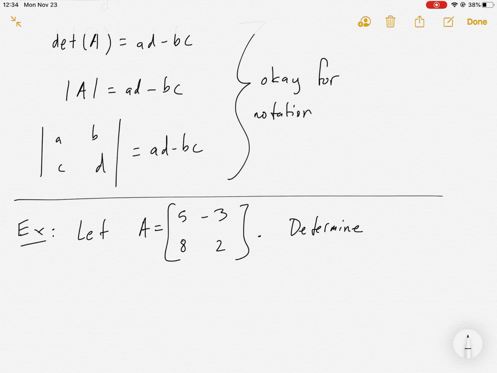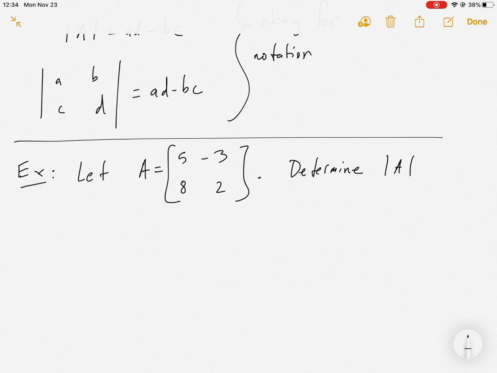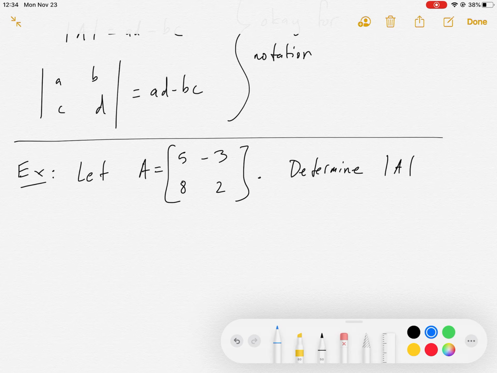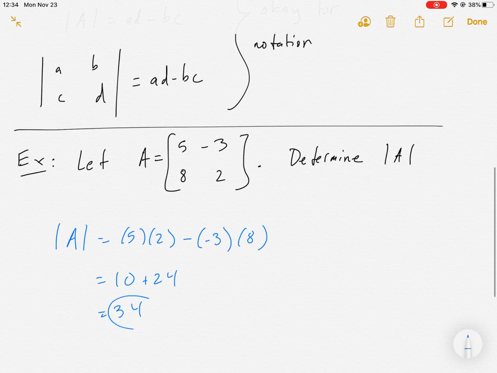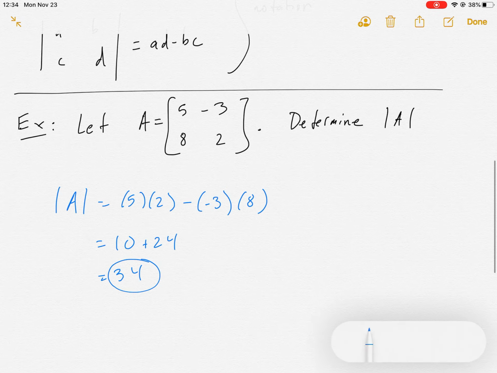Determine the determinant of A. Well, the determinant of A would just be 5 times 2 minus -3 times 8. So we would have 10 plus 24, which would end up giving us 34. And that would just be the answer. So with a 2 by 2, it is pretty straightforward.